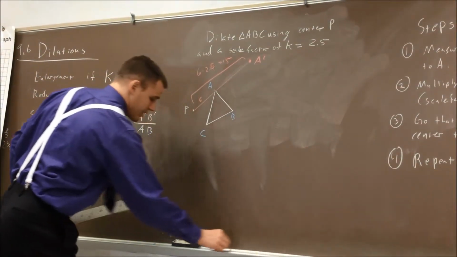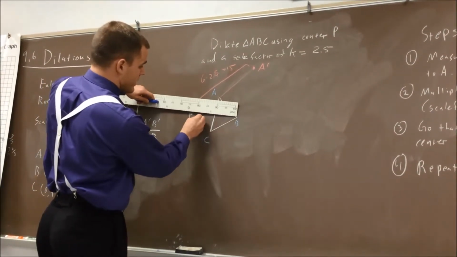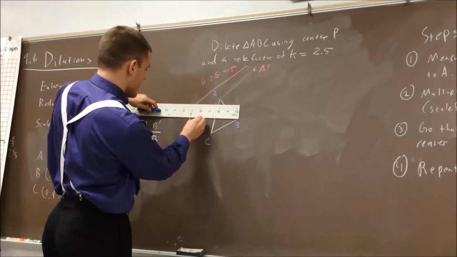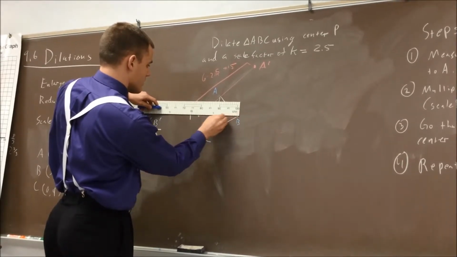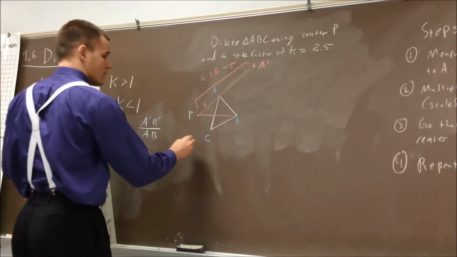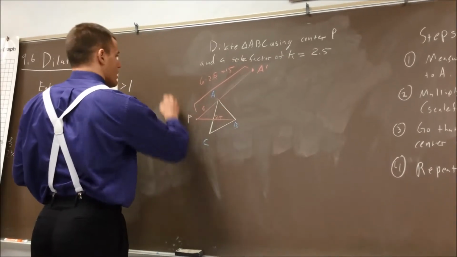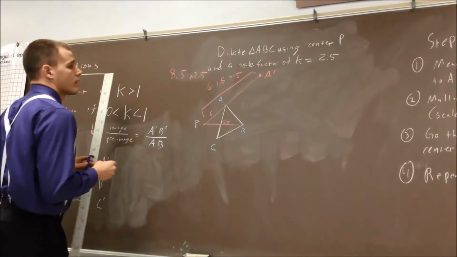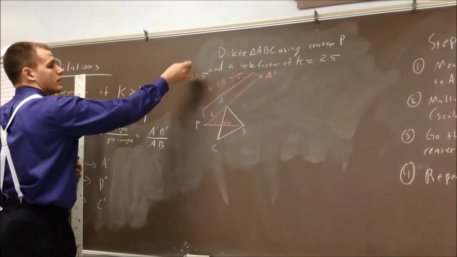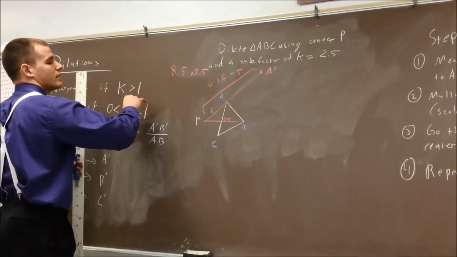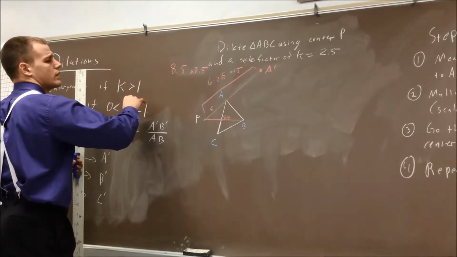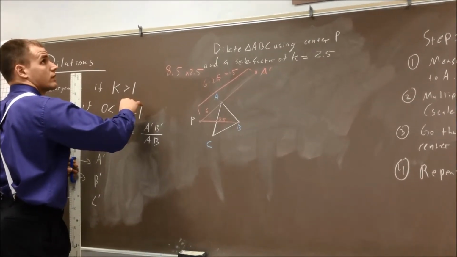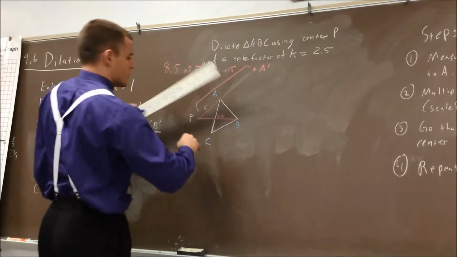Let's measure from P to B, and I'm going to get here. Looks like 8.5. So this is 8.5. So 8.5 times 2.5. Let's see here. 17, 21.25.